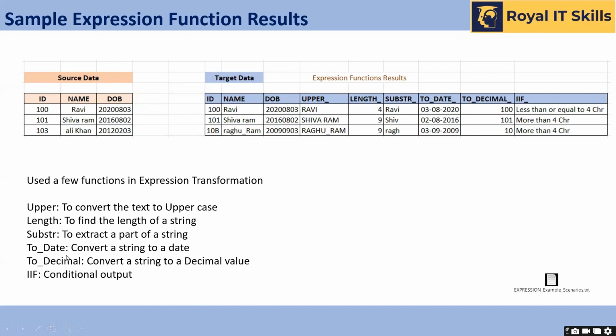To date: we can convert the incoming value to date format. To decimal: we can convert into decimal format. And we have if. This is what we need to write. So this is the if, a conditional output. Okay, so we will see all these things.